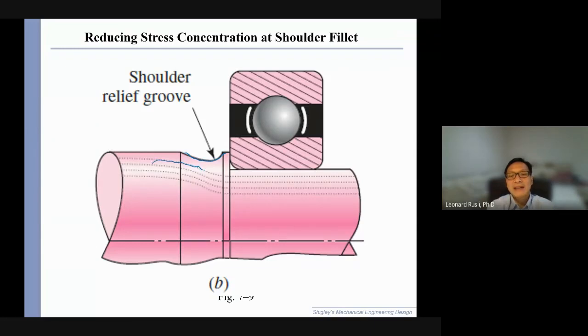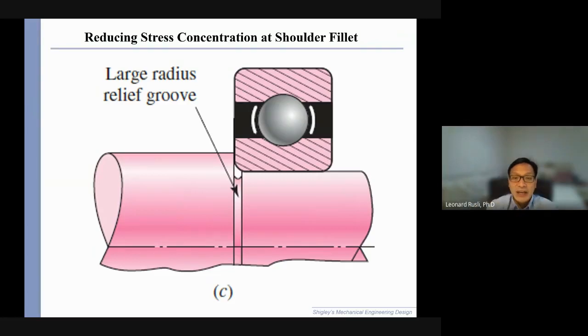It helps the stress flow lines have a smoother transition, which also helps if you're under a lot of bending. You can do an undercut like this. That also helps, because the radius becomes larger and there is room for it. If you make the radius too large, the bearing can't fit, because the bearing's edge is sharper. So to relieve that, you can do this.